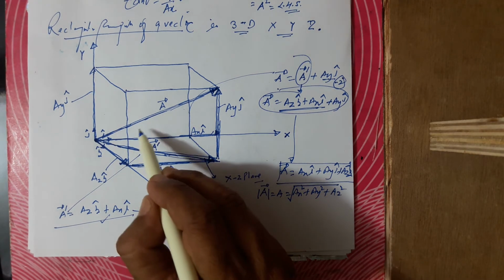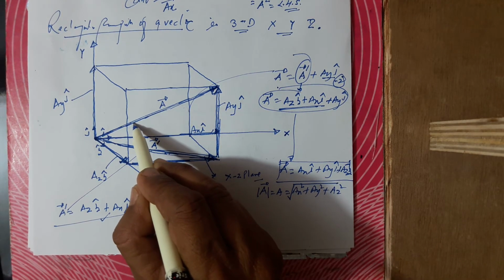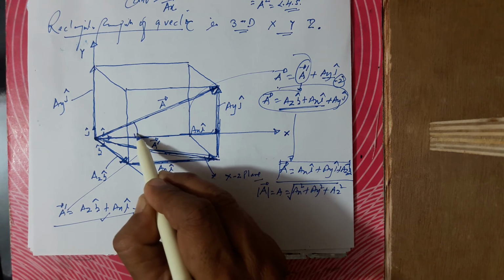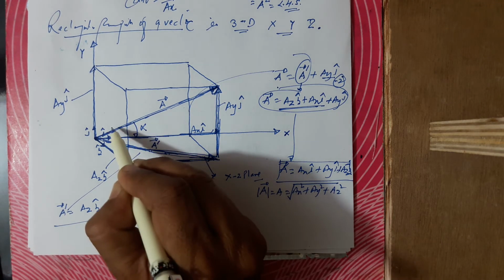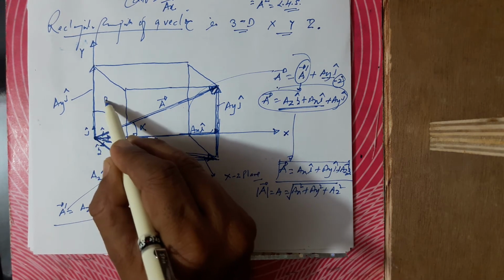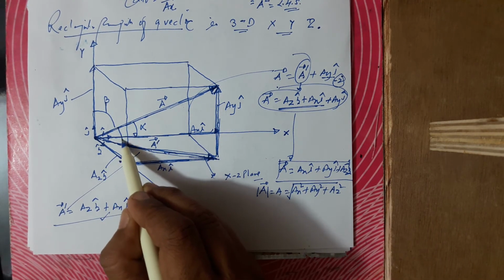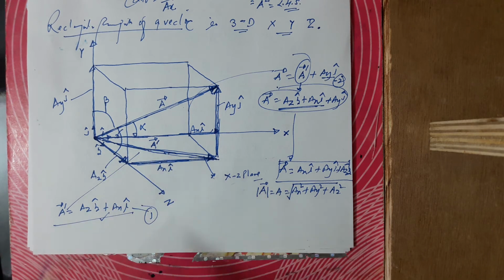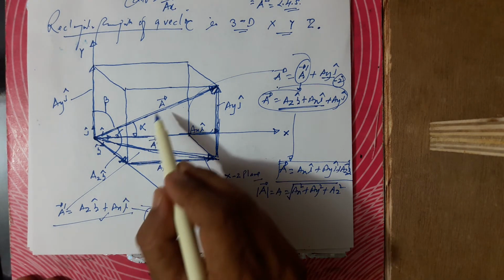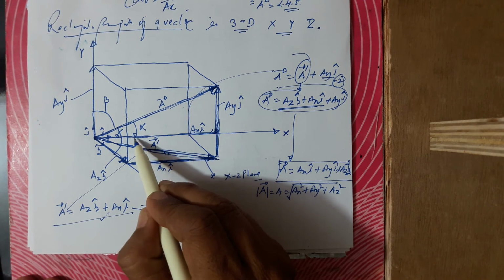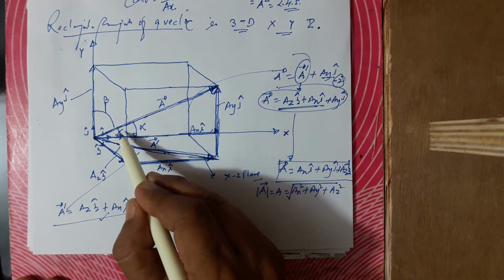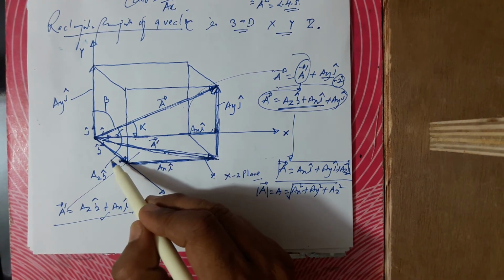Let I am telling this vector, given vector making an angle alpha with x direction, beta with y direction, and this angle is gamma. Vector A making an alpha angle with x axis, beta with y axis, gamma with z axis.